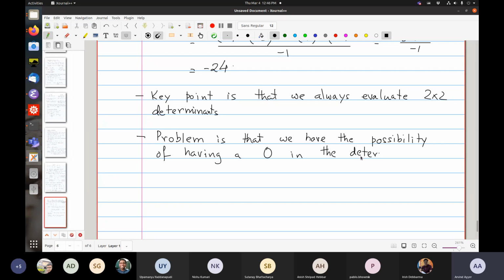And the larger the matrix gets, the more this is an issue in the intermediate stages, because there are many more intermediate stages.